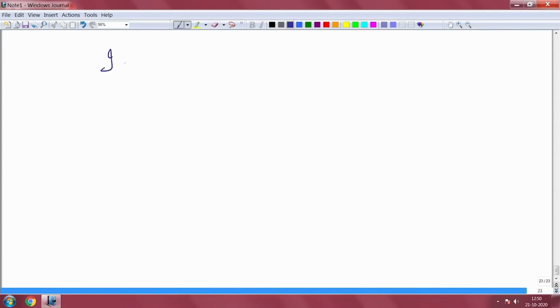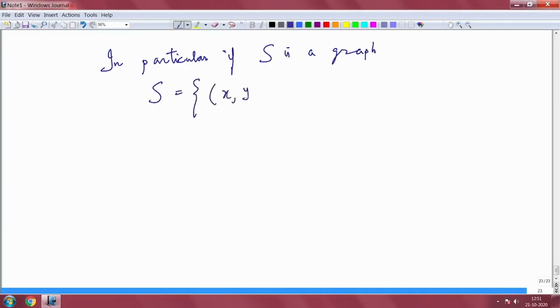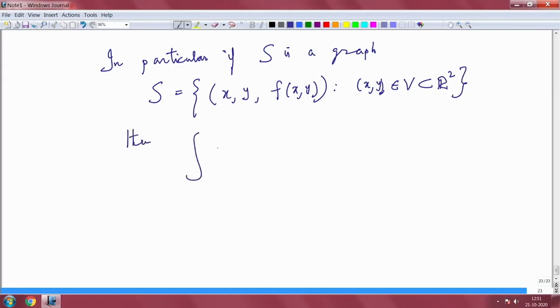In particular, if S is given by a graph, this is a special case, that means S is equal to the set of all (x, y, f(x,y)) with (x, y) in V, which is a subset of R 2, then your integral of f ds over the surface S will be the double integral over V of f of (x, y, f(x,y)) times the square root of 1 plus f_x square plus f_y square, dx dy.